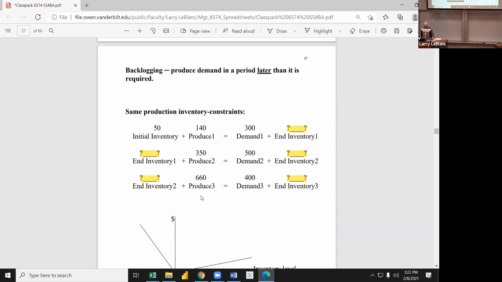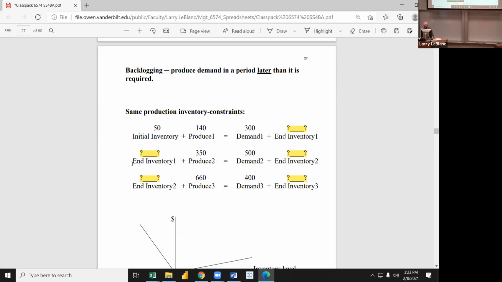Let's go on and discuss these recursive equations. Initial inventory plus production in period one must equal demand in period one plus the ending inventory at the end of period one.